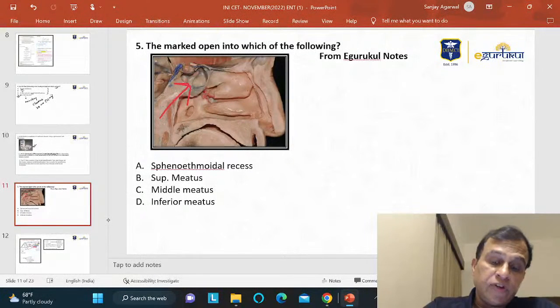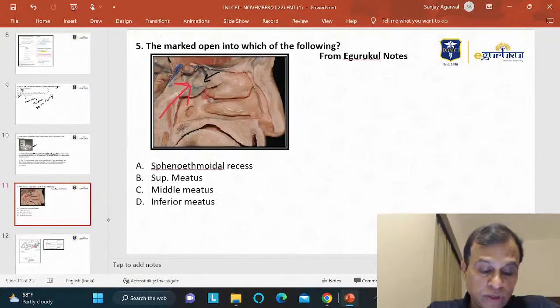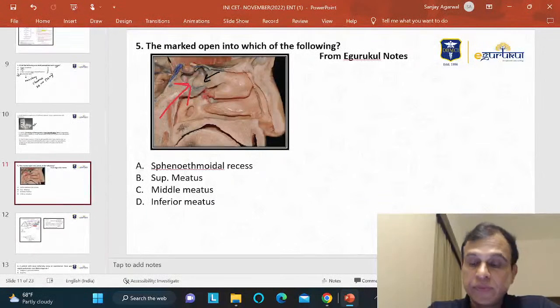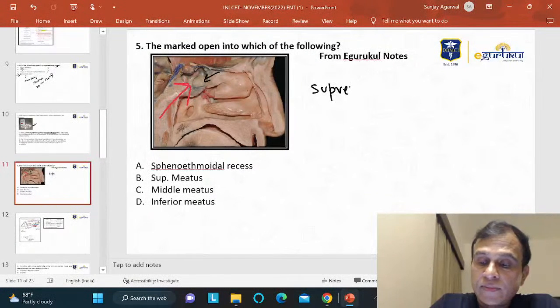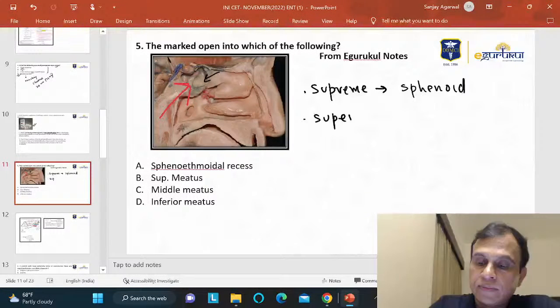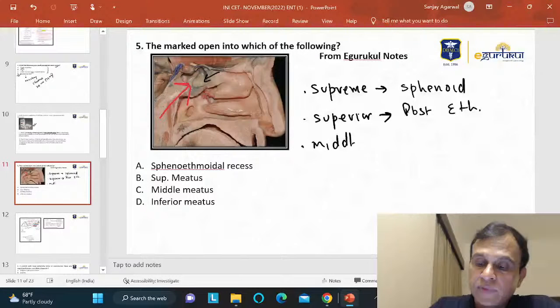Now this is a sphenoid sinus, and the sphenoid sinus opens in the supreme meatus, which is also called the sphenoethmoidal recess. We all know that in the middle meatus there are openings of 3 sinus ostia.